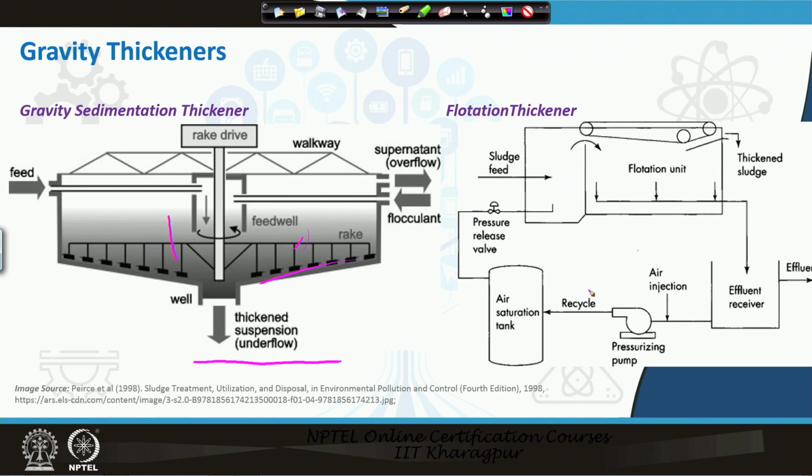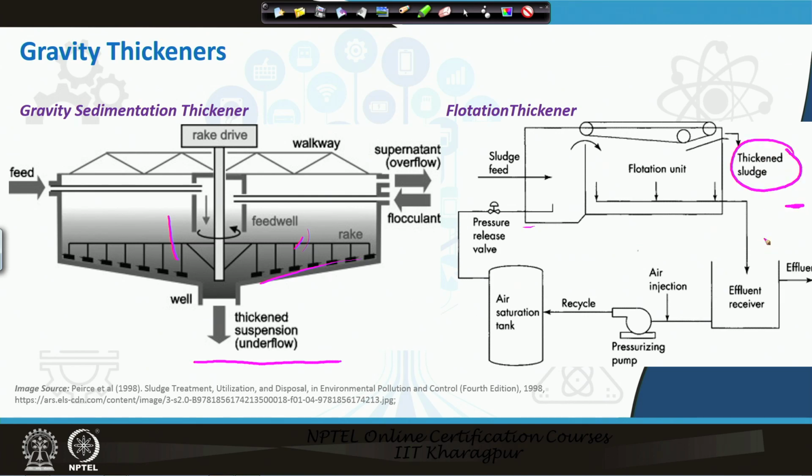We release air under high pressure so that bubbles are formed, and these bubbles stick to the sludge particles, making the entire bubble and sludge complex lighter than water. The specific gravity is lower because it is attached to the air, so it comes to the top, and from the top it can be skimmed off as thickened sludge.